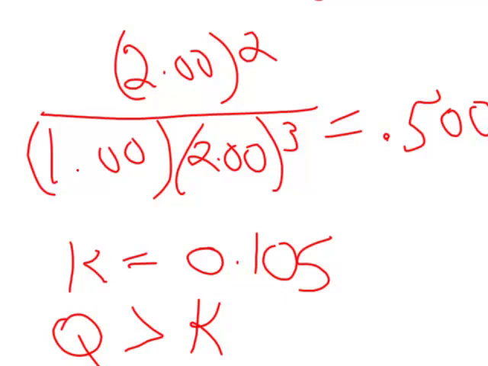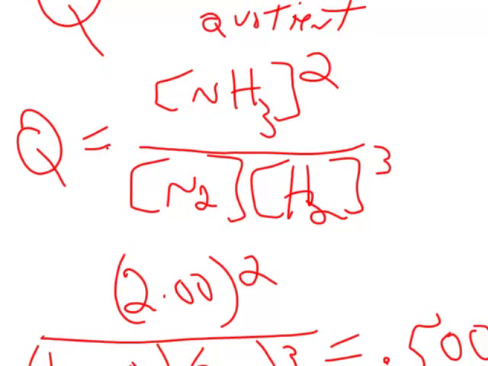Well, let's think about this again in terms of this. Remember, this is a fraction, and for the number to be bigger, that must mean the numerator is bigger than the denominator. So if Q is greater than K, that must mean I have more product now than I do at equilibrium.